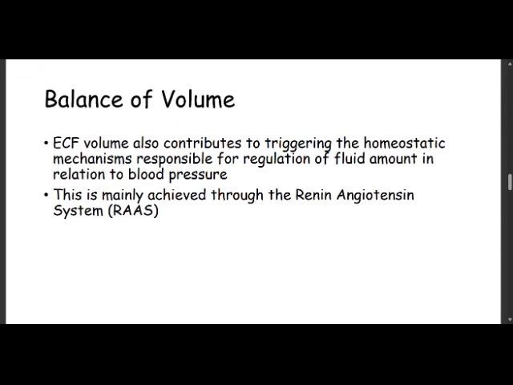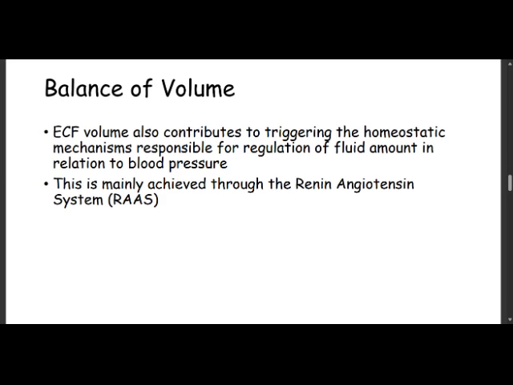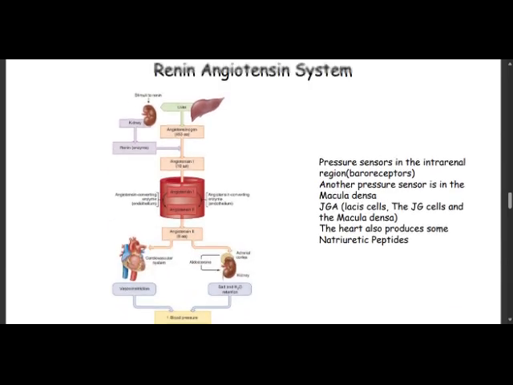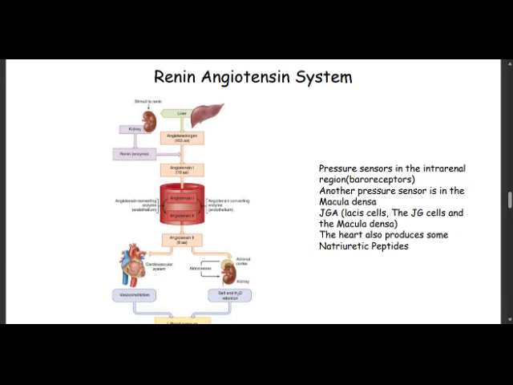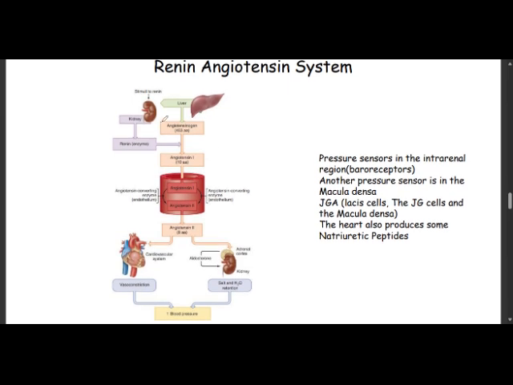All right, then we can talk about the balance of volume. The balance of volume is mainly achieved through the renin-angiotensin system, like we said. So we'll just get right into the renin-angiotensin system. The renin-angiotensin system basically involves angiotensin acting on either the cardiovascular system or the adrenal cortex producing aldosterone.